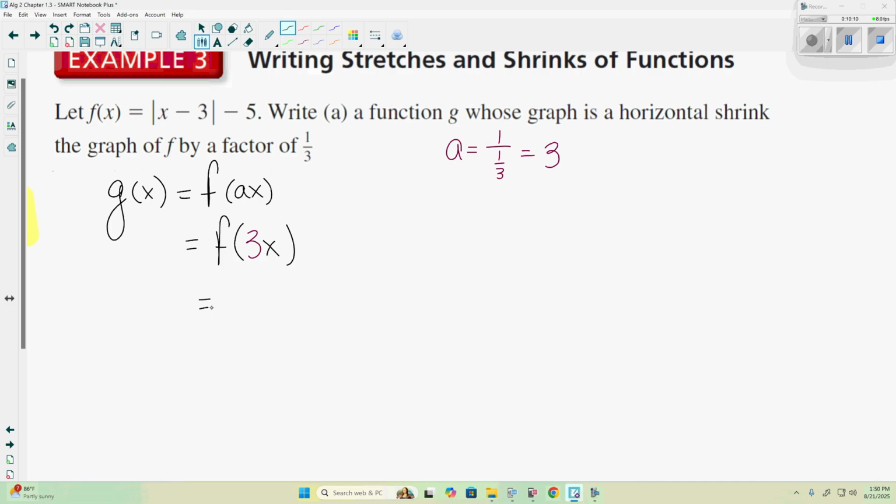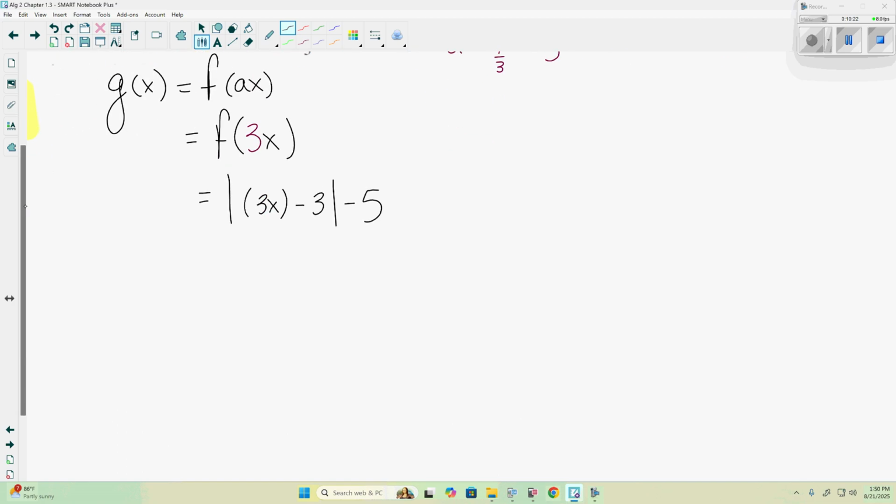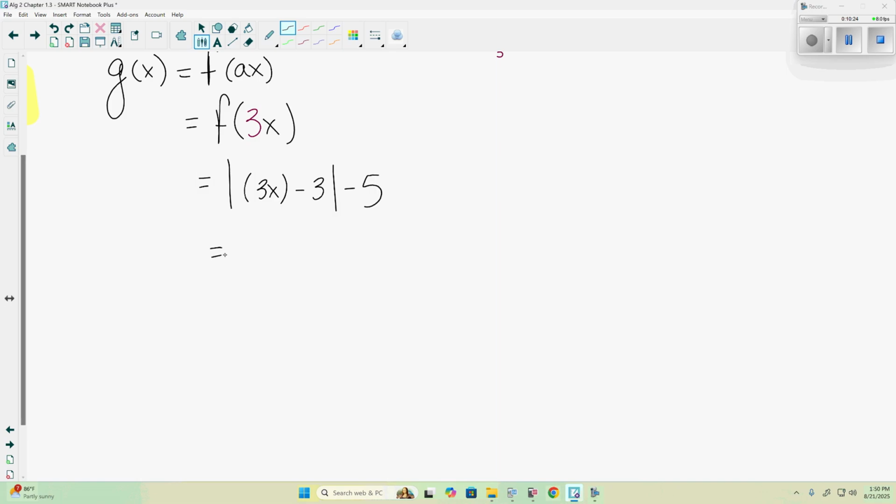So in every place in the function, we have to replace the x with 3x. So we'll have the absolute value of 3x minus 3, minus 5. There's no number in front of that parentheses around the 3x.